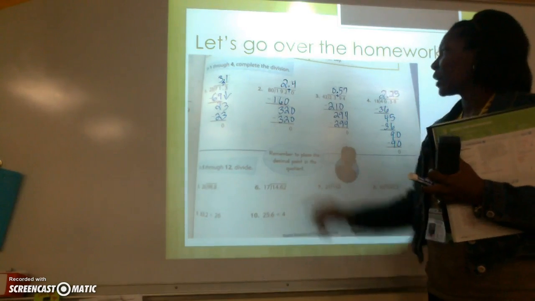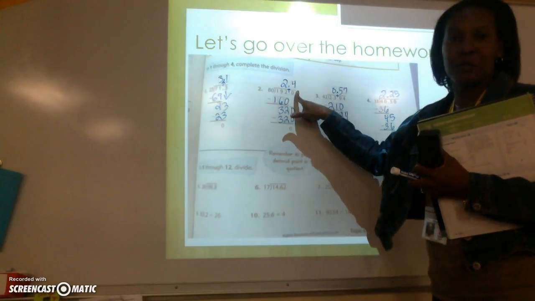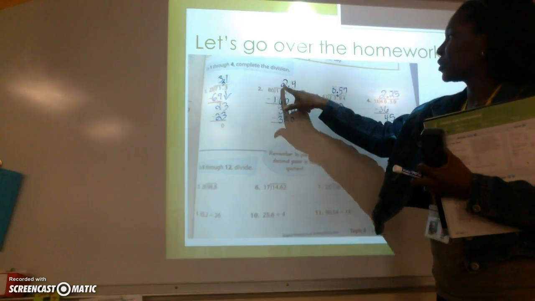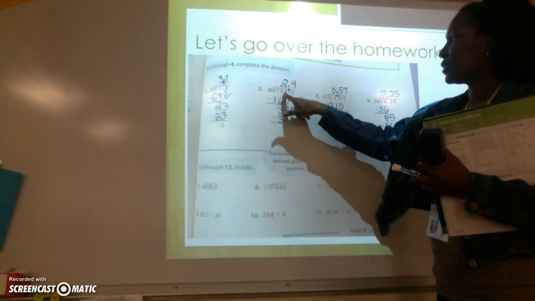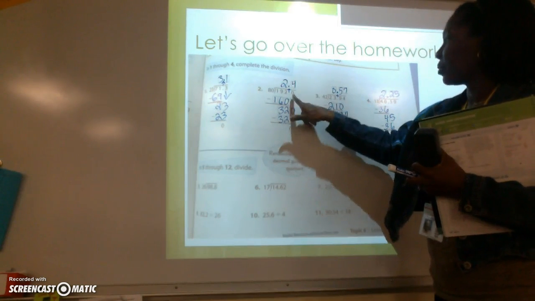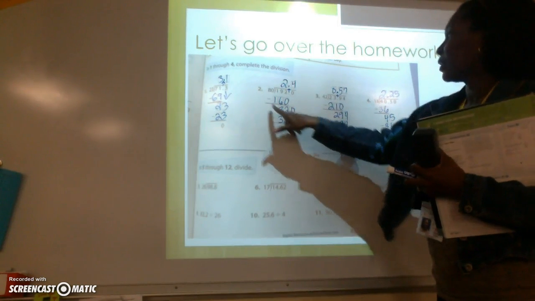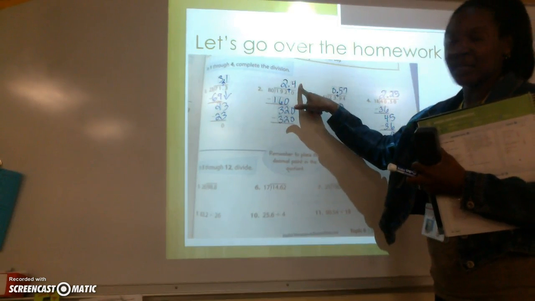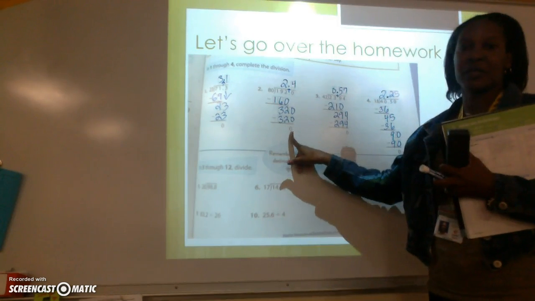Problem 2, you should have gotten 2 and 4/10. 80 will go into 192 2 times with 160. The difference is 32. Bring down the 0. 80 will go into 320 4 times evenly. 320 remainder 0.